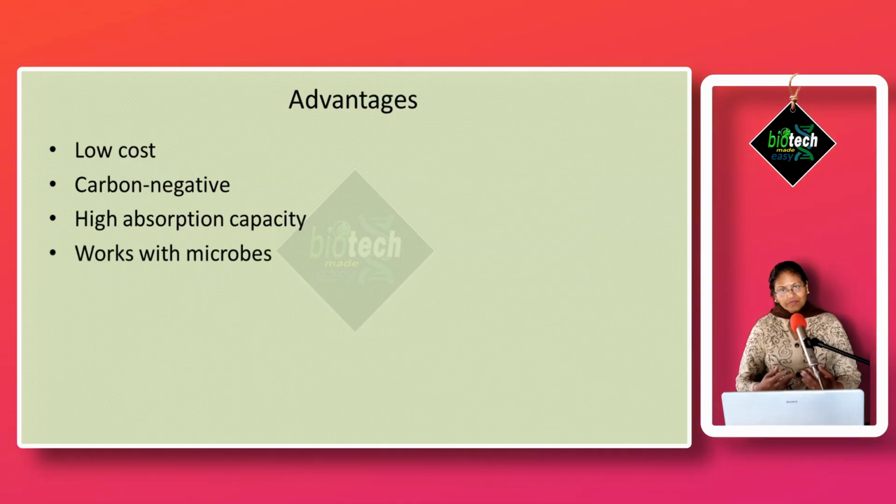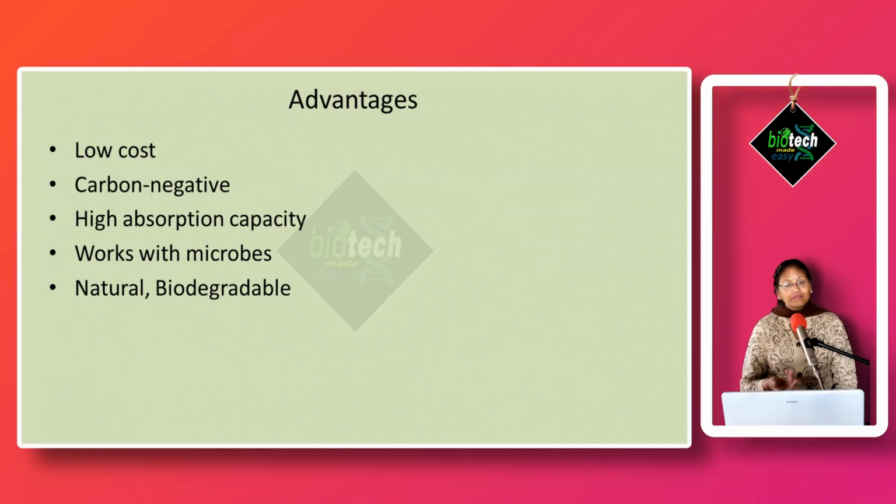Then it works with microbes, as we already discussed, that microorganisms can grow very well on the surface of the biochar inside the pores. They make the biofilm, and these microorganisms can help in degradation of the pollutants. So biochar along with the microbes can work very well together.